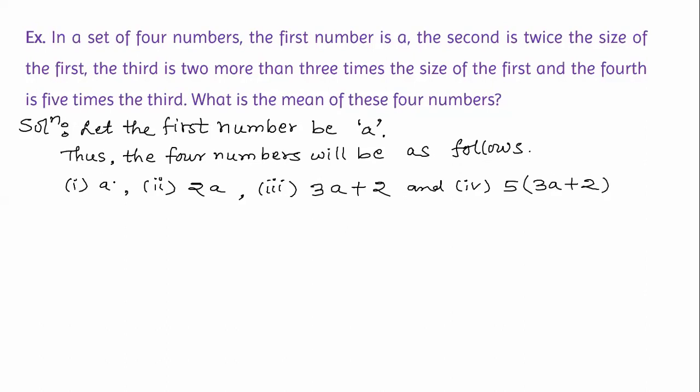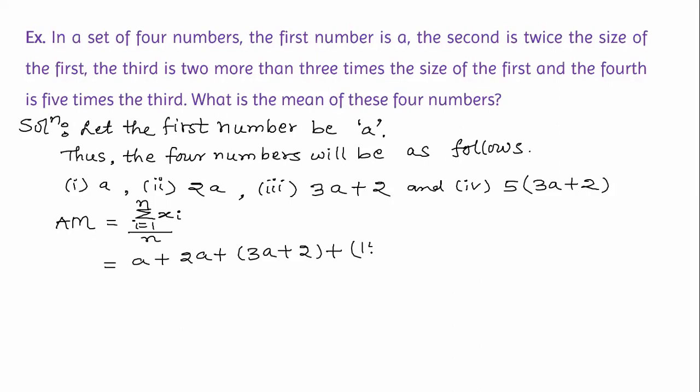So as such, these are the 4 numbers, and what is the mean? Arithmetic mean. We know that this is raw data. Simply, we have to use the formula summation xi, i running from 1 to n, upon n. So x1 is A, x2 is 2A, x3 is 3A plus 2, and x4 is equal to 15A plus 10.